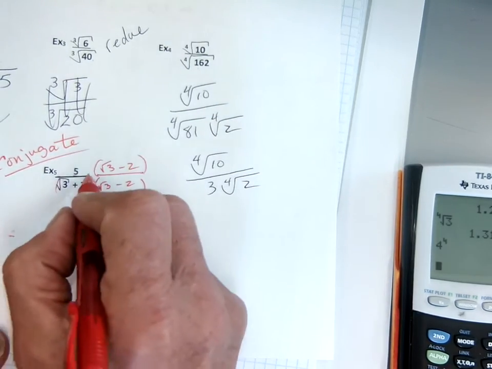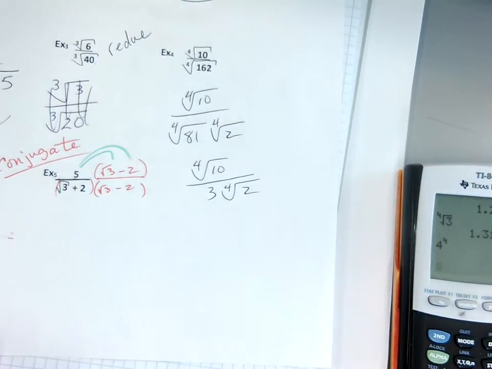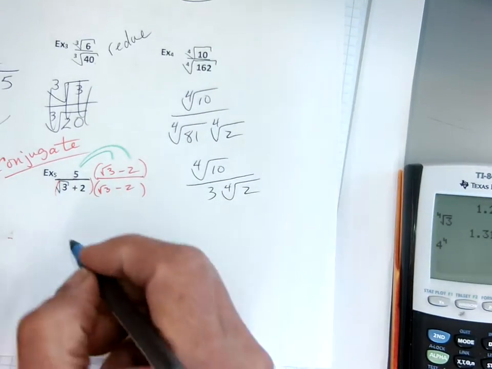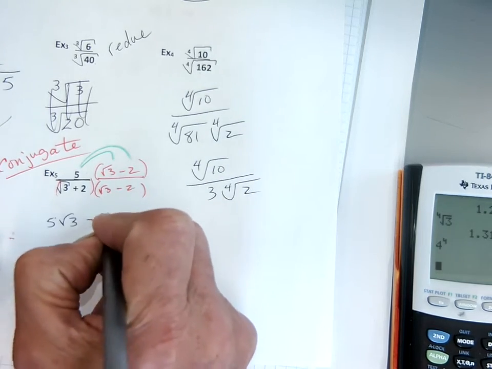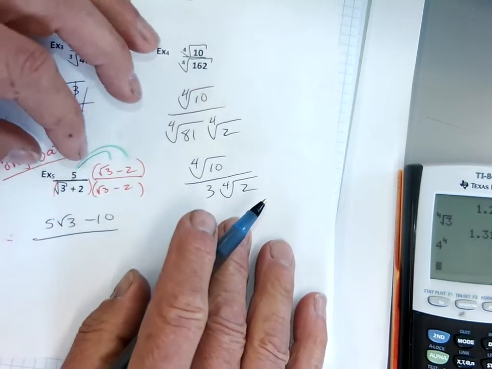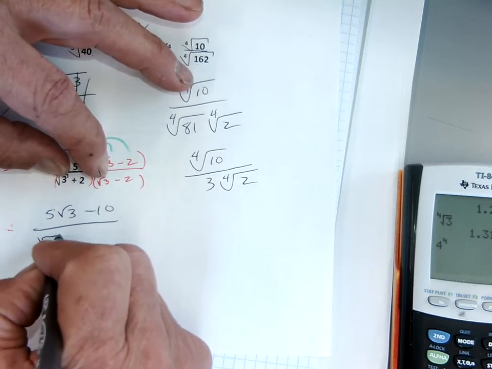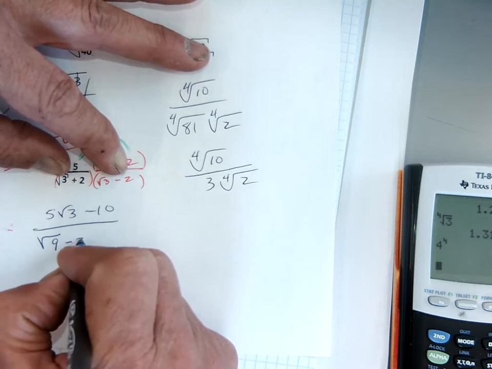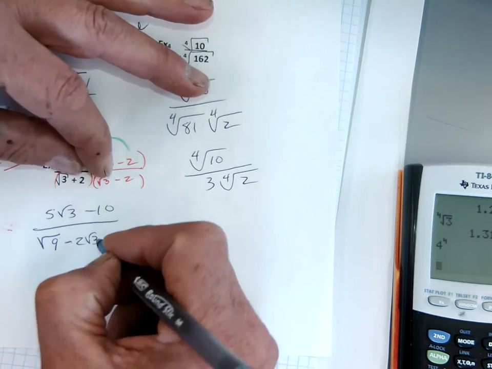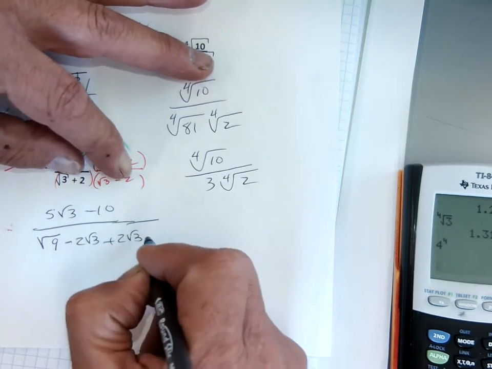I'm going to get 5 square roots of 3 minus 10 over, I'm going to multiply, the square root of 9 minus 2 square roots of 3 plus 2 square roots of 3 minus 4.